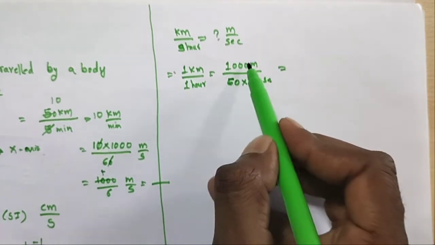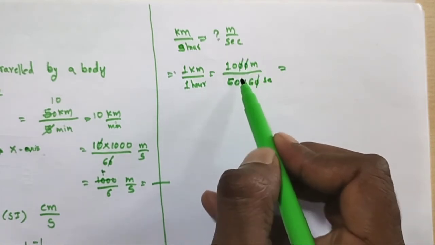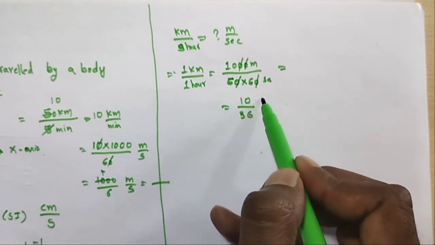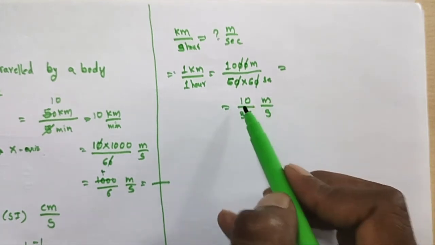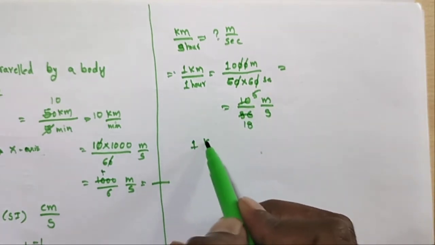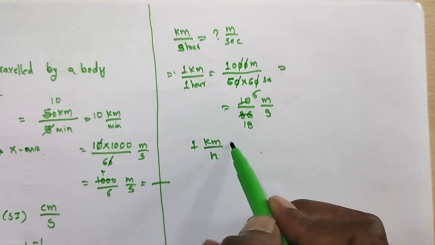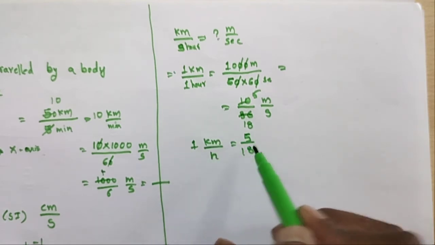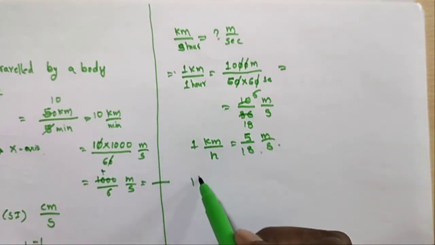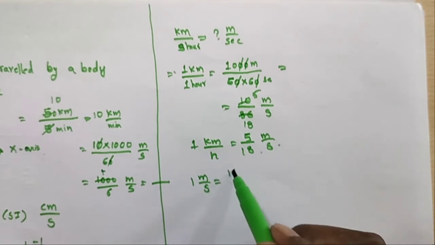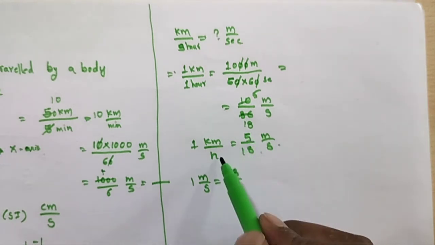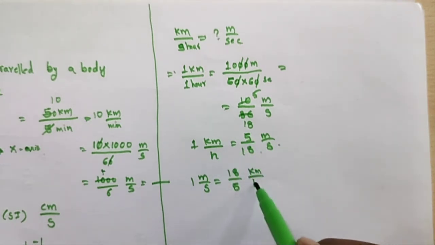So the zeros cancel, and we get 10 by 36 meter per second, which is 5 by 18. So 1 kilometer per hour is equal to 5 by 18 meter per second. And 1 meter per second is equal to 18 by 5 kilometer per hour.